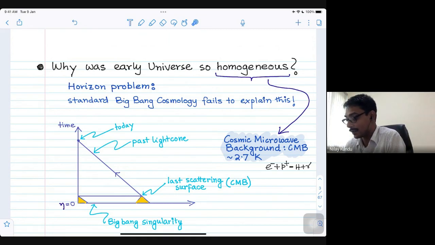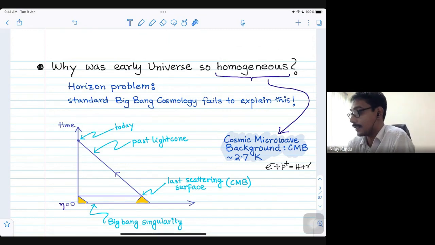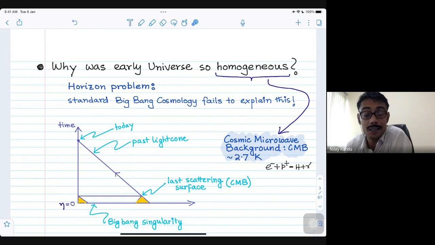Although the photons were very highly energetic when the cosmic microwave background was generated, the cosmic expansion has redshifted them, and the wavelength has stretched enough. So today what we see is an ambient temperature of around 2.73 Kelvin, which is in the range of microwave radiation.